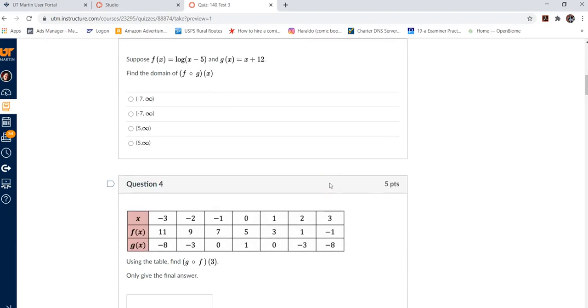All right. Now, f of x is the common logarithm of x minus 5, and g of x is x plus 12, and we're asked for the domain of f composed with g of x. Okay.